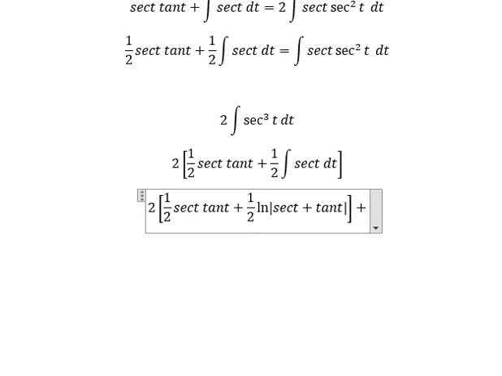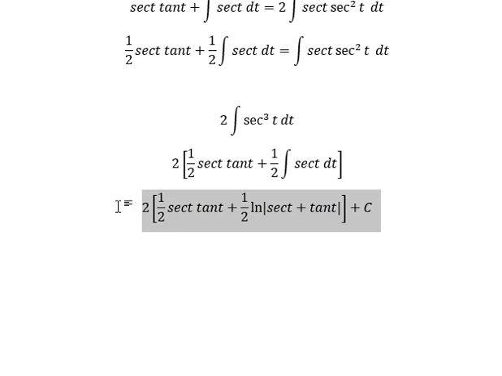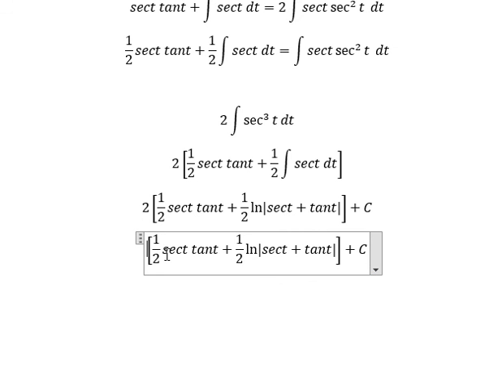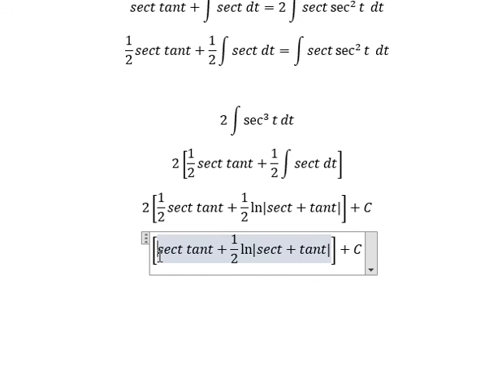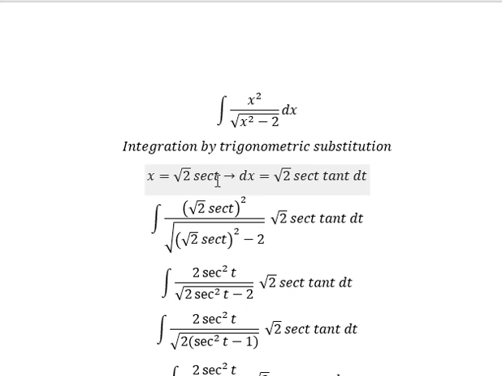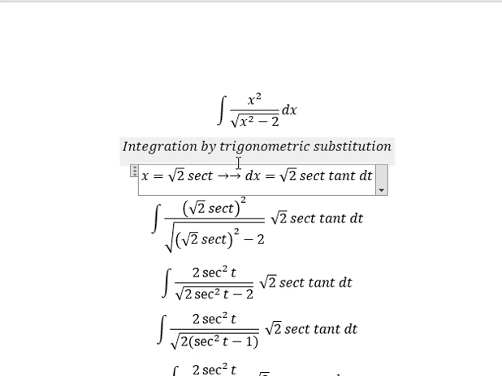And then I will put c. So 2 and 2 we cancel. About t, that is this one. So we divide both sides by the square root of 2.